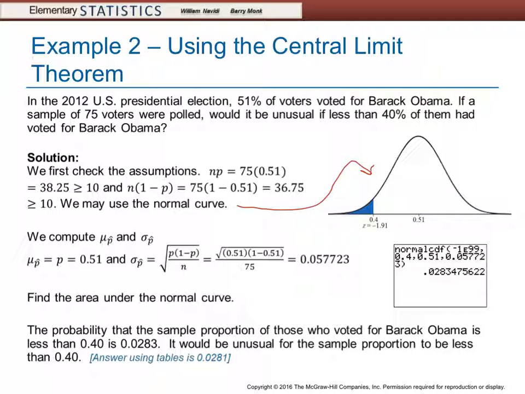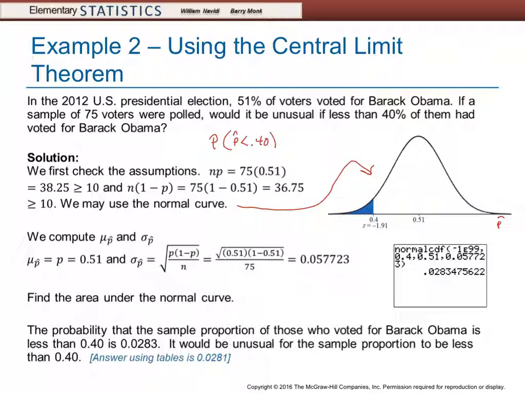So now we have the curve. We can see how this curve works for p hat, the sampling distribution. Now we're computing the probability that p hat is less than 0.40. That's what we're looking for.